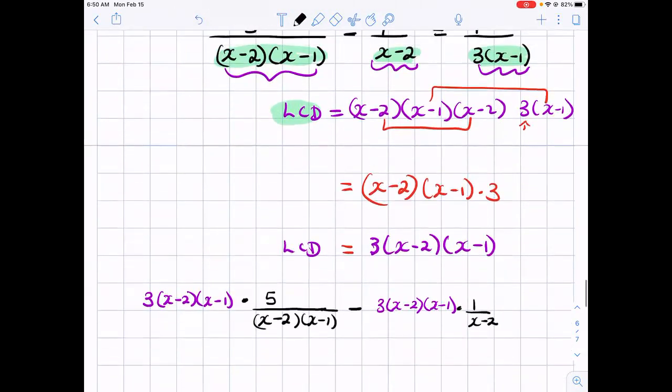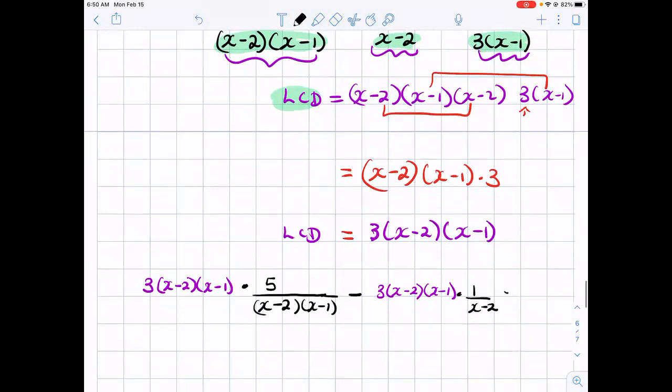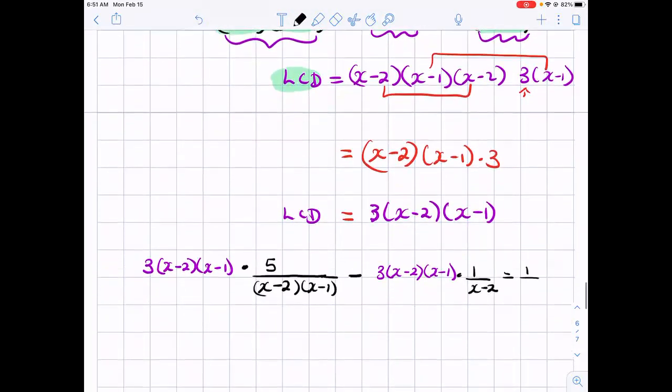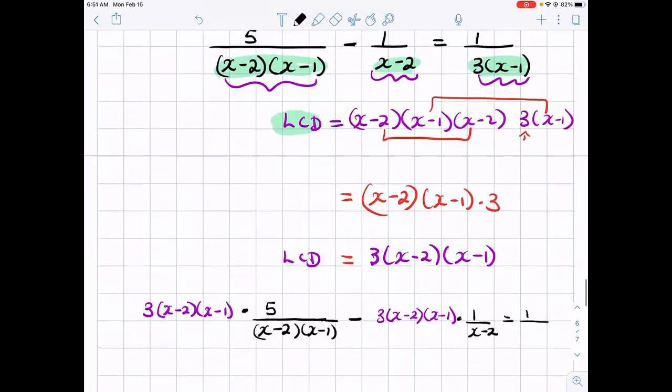I'm running out of space, so equals 1 over 3 times x minus 1, and we have to multiply that side by 3 times x minus 2 times x minus 1.